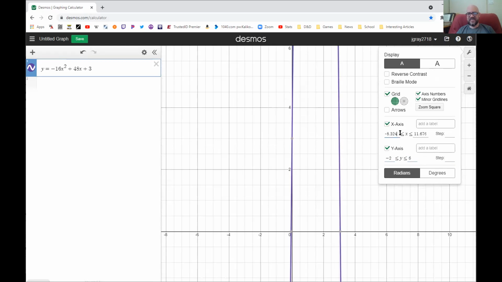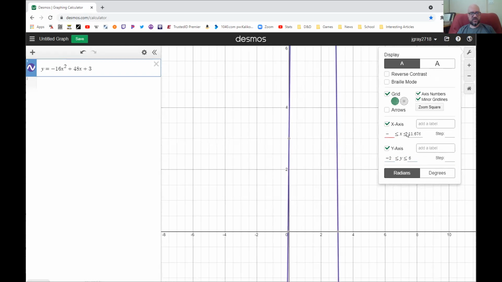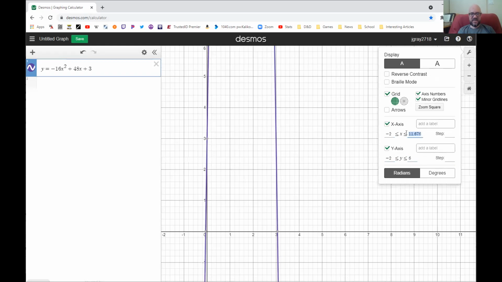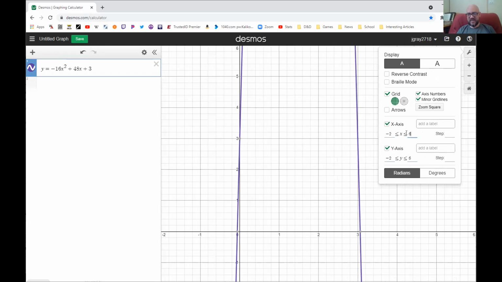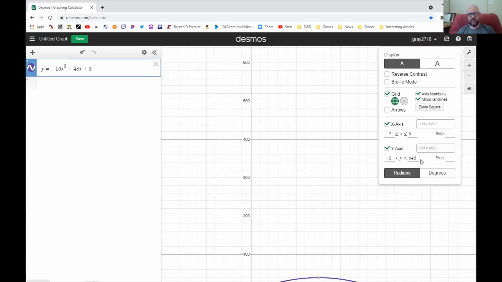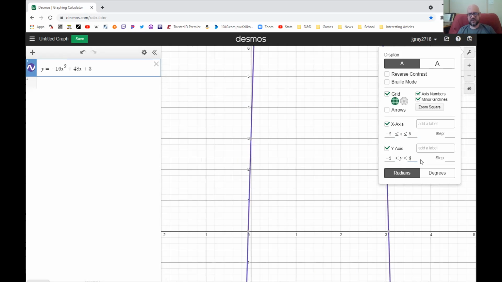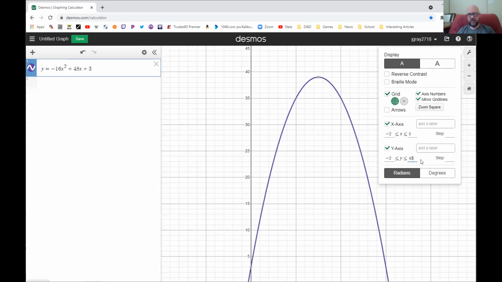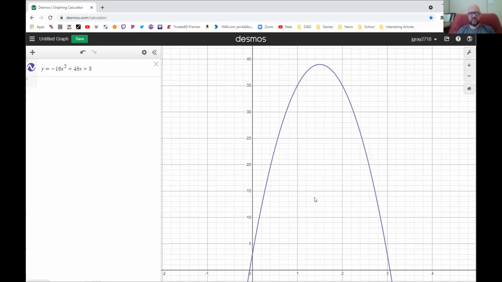The x-axis is going to go from -2 to 6. Forgetting my variables. Maybe 5. There we go. And then the y-axis can go from -2 up to, we got up to 39 feet, so let's make it 45. Not 645, just regular 45. There we go. So that's what the path of the ball looks like.